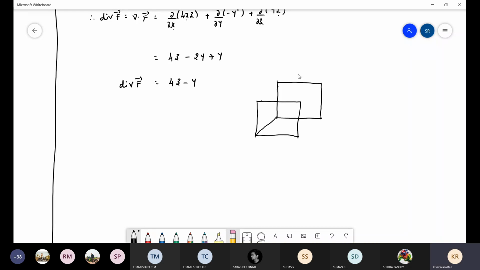So this is a cuboid. This is the x-axis, this is the y-axis, and this is the z-axis. This is the origin O. From here, x is 0 to 1, y also 0 to 1, z also 0 to 1. That's it.